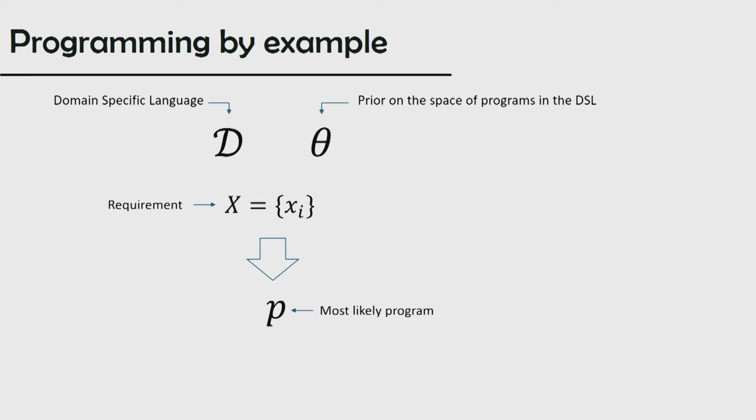But if I give you a particular domain-specific language, a particular set of operations, and I also give you a prior on that space of possible programs that you could use, then all of a sudden the problem becomes very well defined. You're looking for the program that is most likely within this language to give you the behavior that you observe. And all of a sudden that allows you to make very powerful inferences.